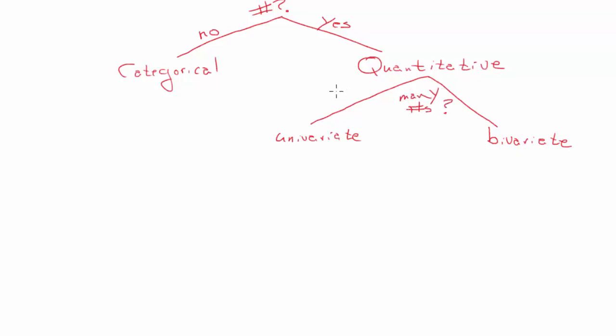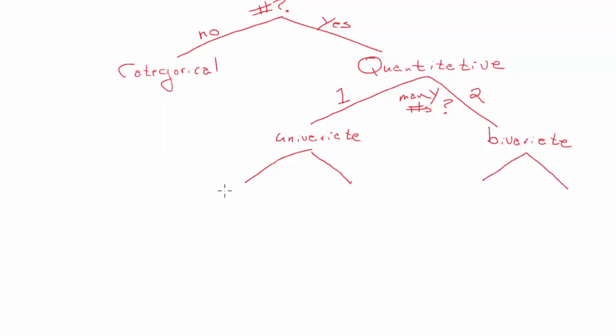If we just have one numeric measurement from each observation, I'm univariate, but if we have two, I am bivariate.